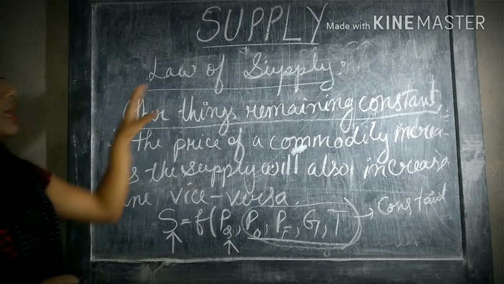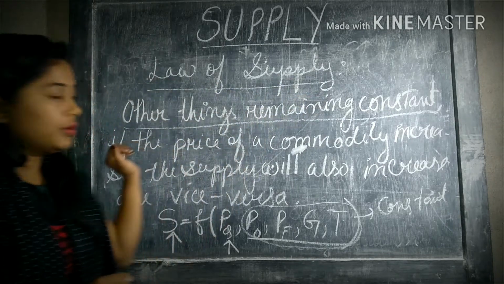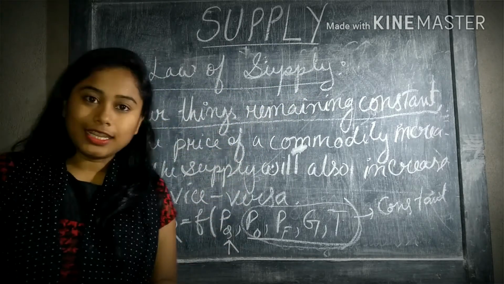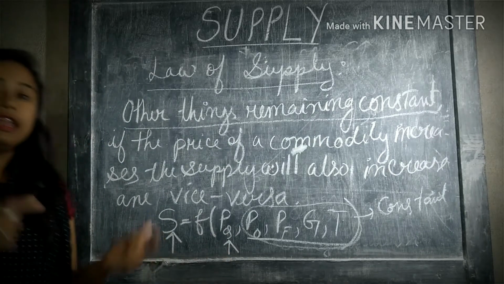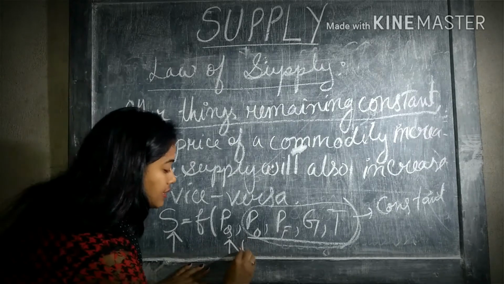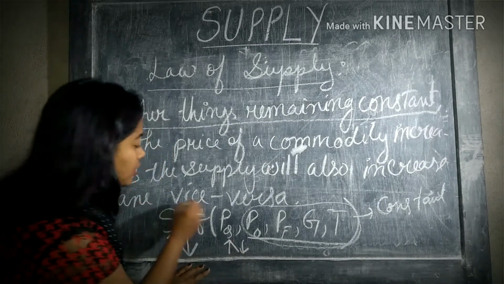So this is known as the law of supply. Other things remaining constant, if the price of a commodity increases, supply of the commodity will also increase, and if the price decreases, then the supply will also decrease. This is called vice versa.